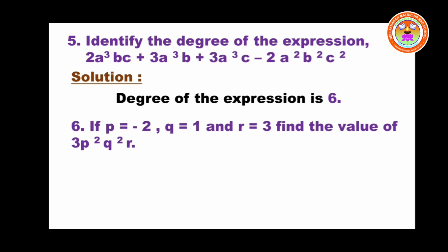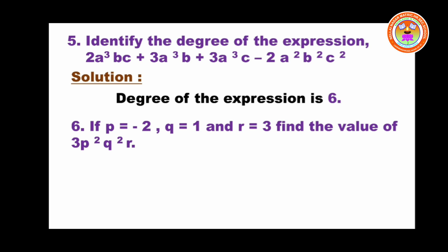If p is equal to minus 2, q is equal to 1 and r is equal to 3, find the value of 3p square q square r. Do you understand the question, children? They have given the values of p, q and r. You have to substitute in the given term.